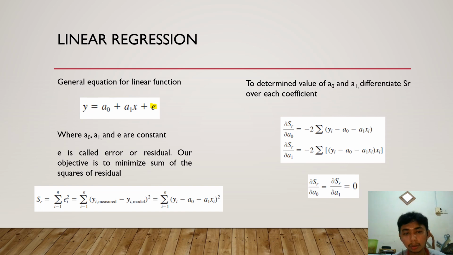Our objective is to minimize the sum of error, but in the least square method, we want the square of the error to be minimum. So SR is equal to sigma e squared. Why should we choose e squared rather than just e?